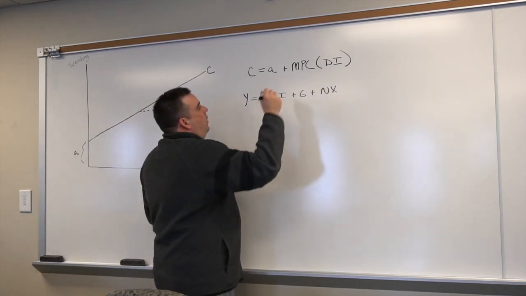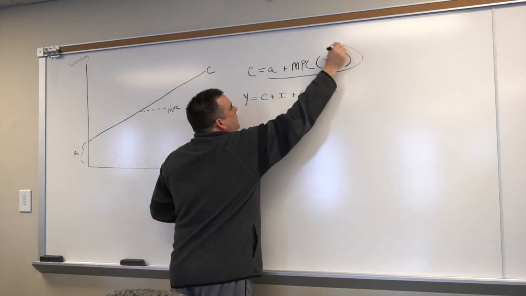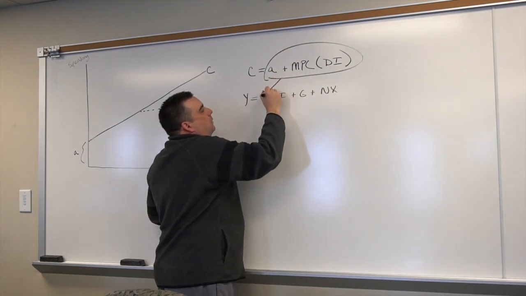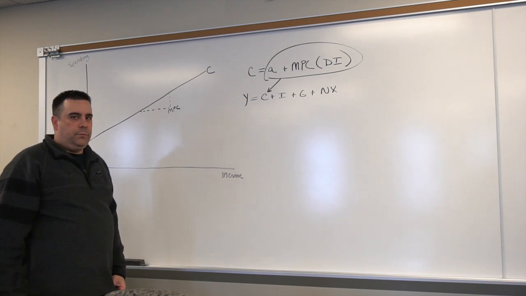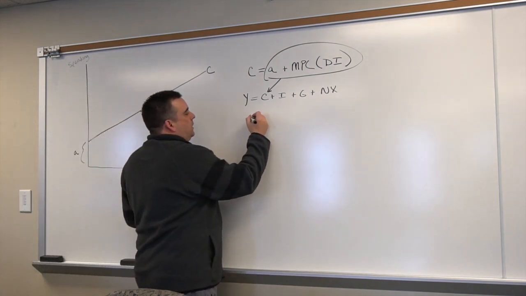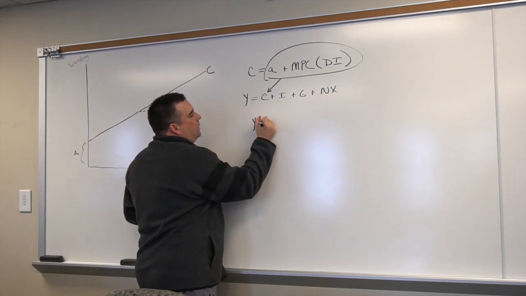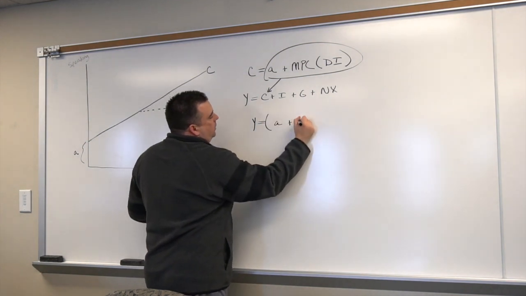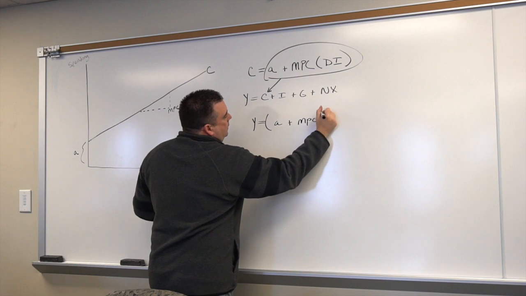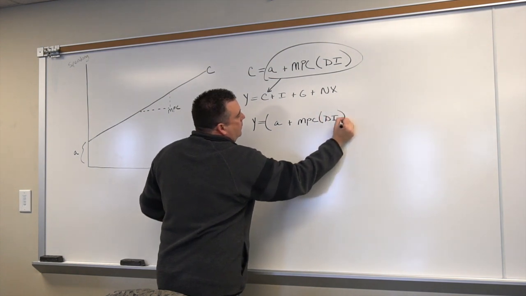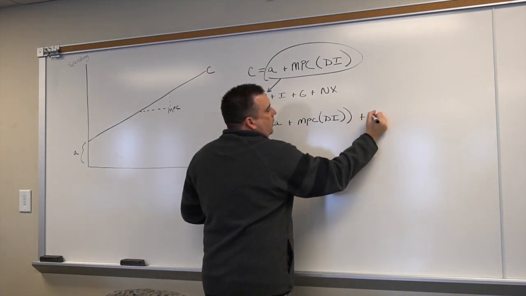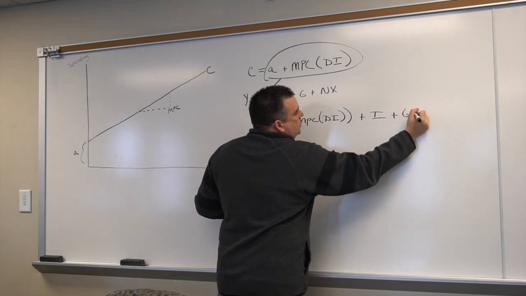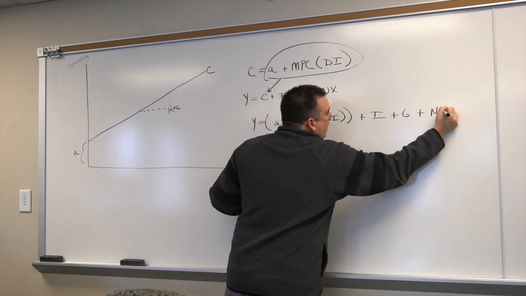All we're going to do now is take this equation and plug it in right here, so that now we represent it as Y is equal to A plus MPC DI plus I plus G plus NX.